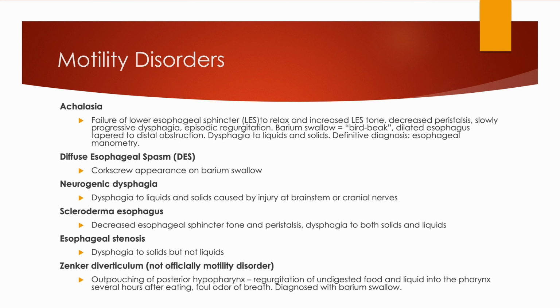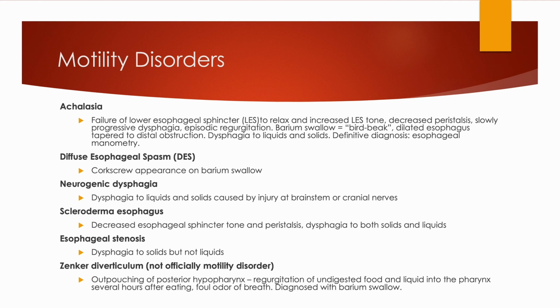So neurogenic dysphagia, that's more a neurological issue that's caused by injury at the brainstem, cranial nerves, problems with dysmotility of the esophagus due to those things. Scleroderma esophagitis is an autoimmune disease, so you will cover scleroderma in your rheumatological module.